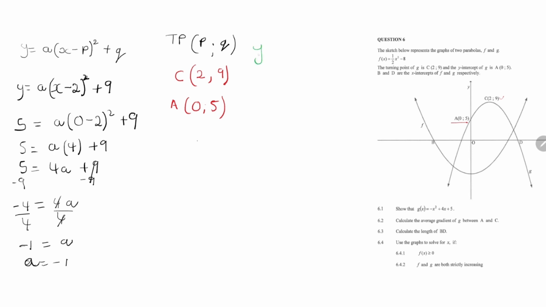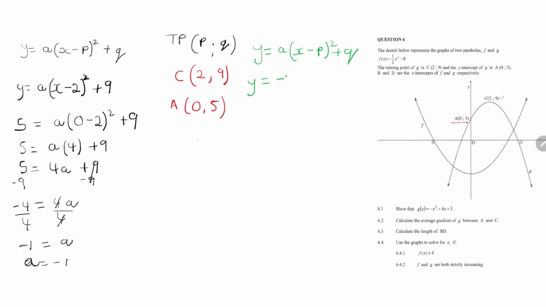So from the standard form, which is y equal to a multiplied by x minus p squared plus q, our equation will look like this, as y equal to a, we know the value of a now, that is a negative 1.